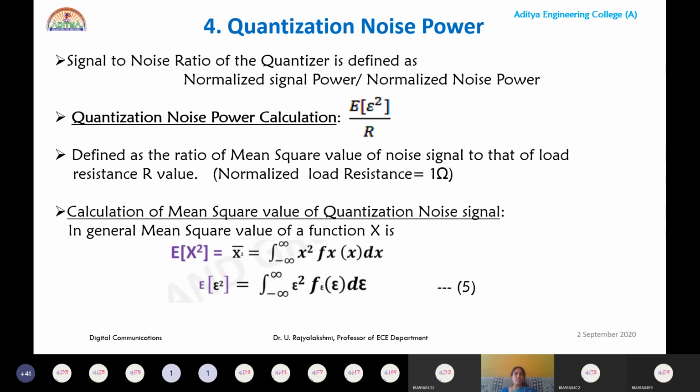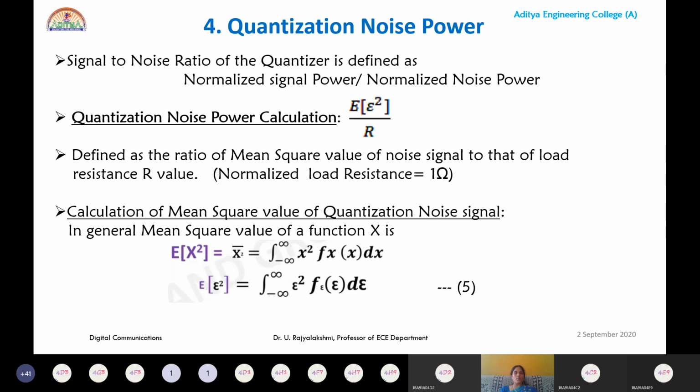Please replace x with E, because here we are evaluating the mean square value of the noise signal or error signal. Then you get equation 5. Expectation of E square equals the integral from minus infinity to plus infinity of E square into its probability distribution function, that is Fe of E dE.